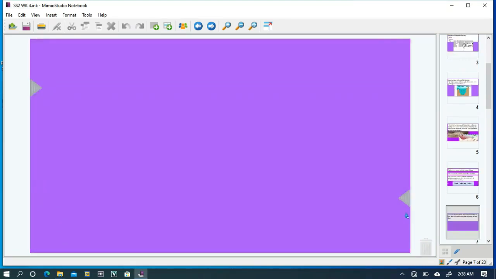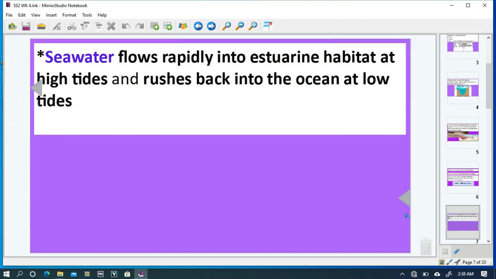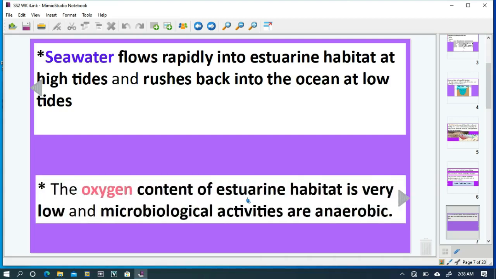6th characteristic of estuarine habitat. Water is affected by tides. Seawater flows rapidly into estuarine habitat at high tides and rushes back into the ocean at low tides. Seventh characteristic.